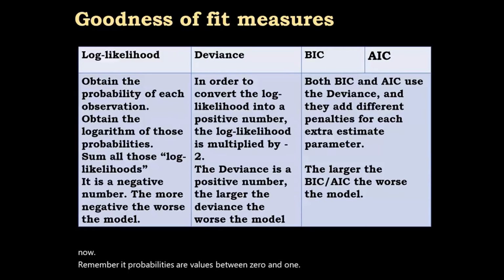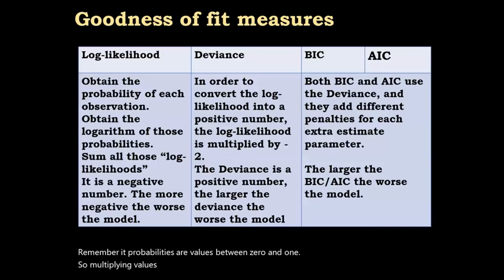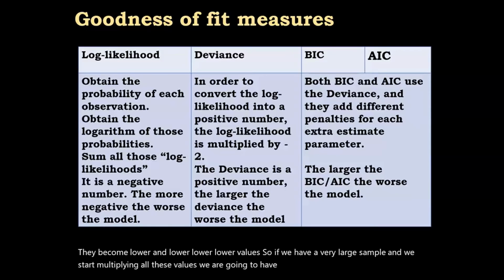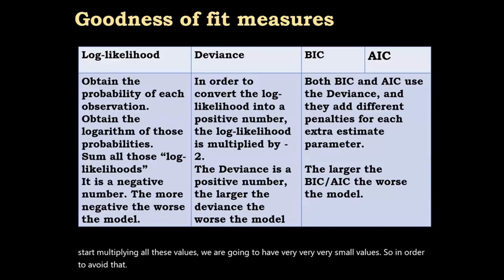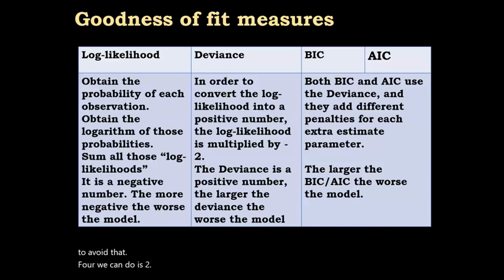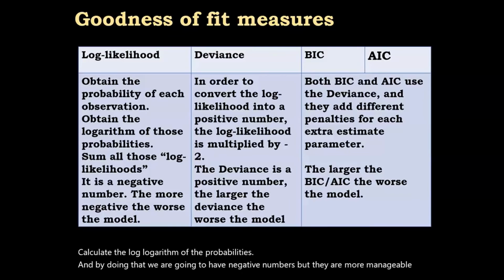So multiplying values that are lower than 1, they become lower and lower values. So if we have a very large sample and we start multiplying all these values, we are going to have very small values. So in order to avoid that, what we can do is to calculate the logarithm of the probabilities. And by doing that, we are going to have negative numbers, but they are more manageable than very small values.